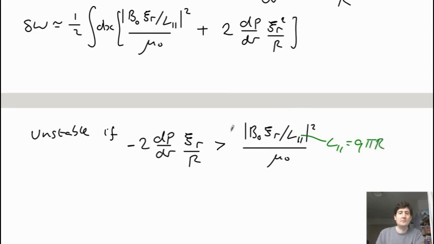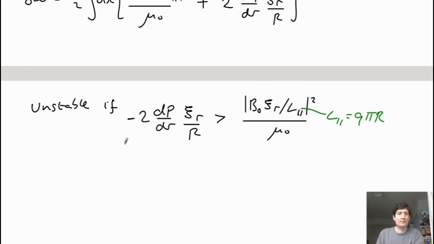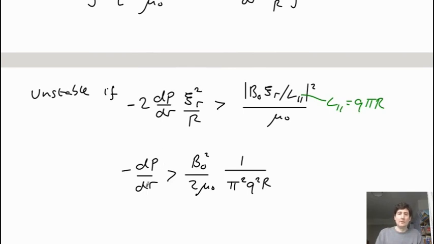And so we can rearrange this to work out something in terms of the pressure, dp by dr, and the magnetic pressure. So here are B squared and mu naught. And so now this gives a limit on the pressure gradient, which depends on this magnetic pressure and this geometrical factor here involving the safety factor and major radius.